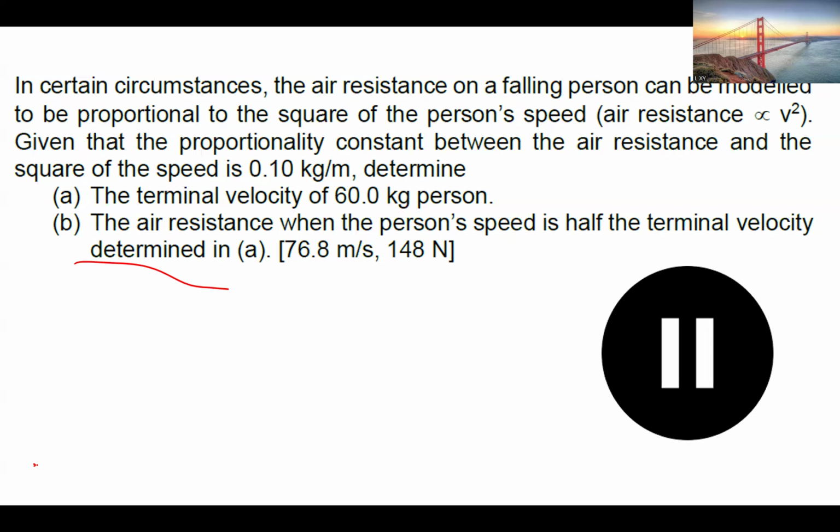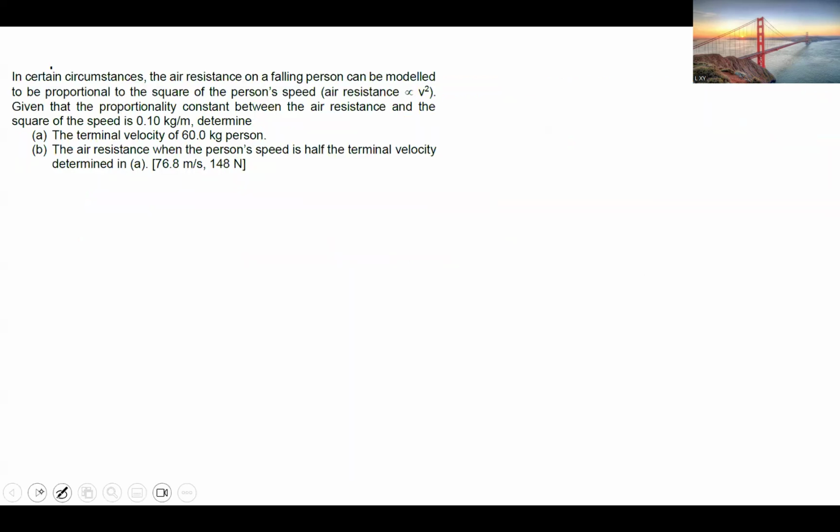Okay, I hope you have solved the problem. So let's start solving the problem. In terminal velocity, the gravitational force is equal to the drag force, which is d times velocity squared, and by the way, Fd is the drag force.